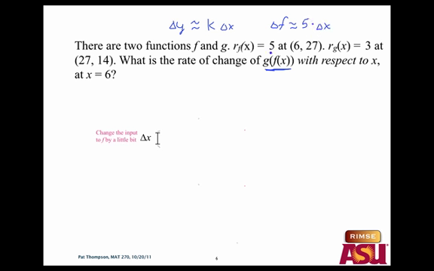This says that the function f is changing 5 times as fast as x. Or for any change in x, the change in f will be 5 times that change in x. So we can illustrate it this way. Here's the corresponding change in f for some little change in x in the vicinity of x equals 6.